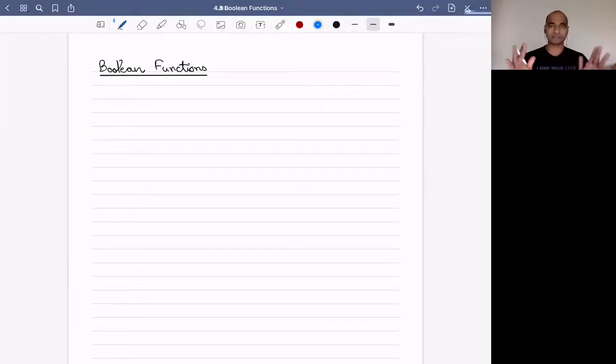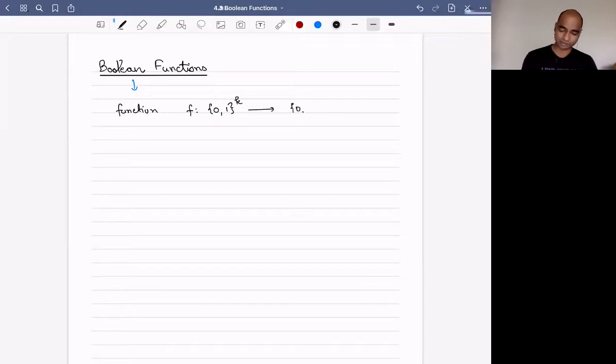It is a function whose domain is the set {0, 1}^k, and whose target is {0, 1}. So let's describe this.